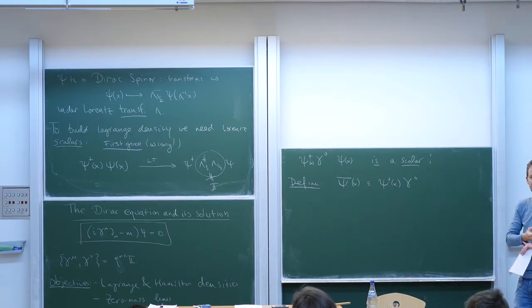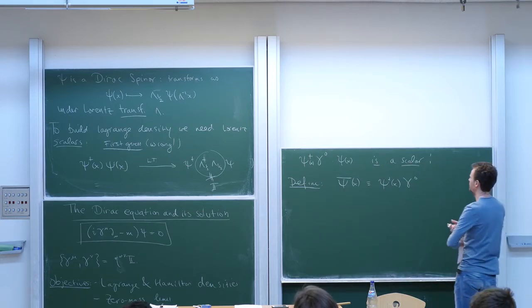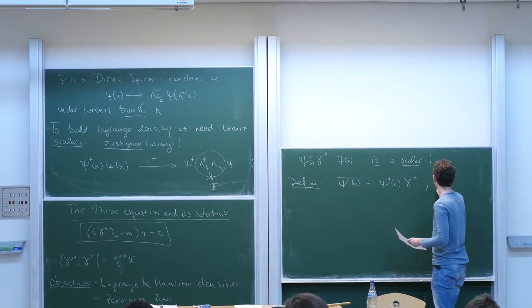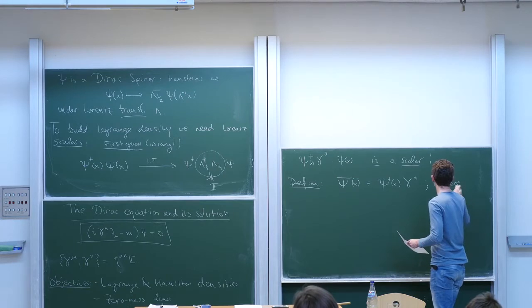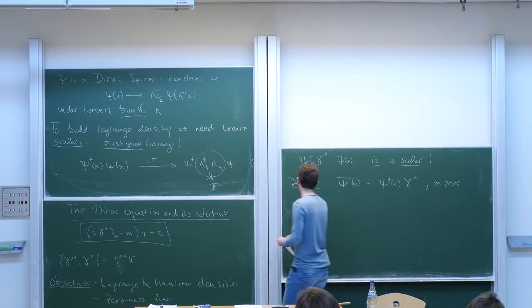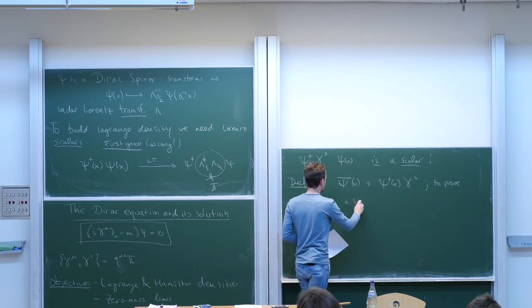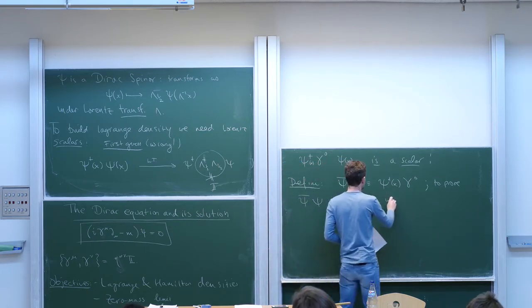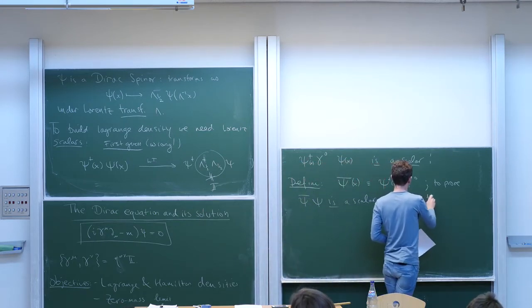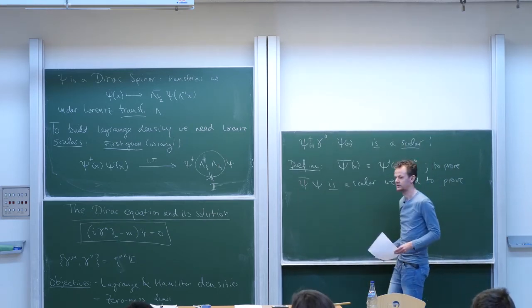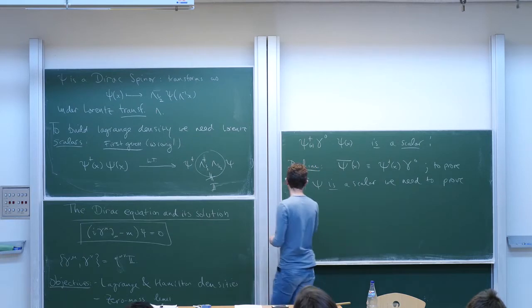So we're going to define a thing called psi bar, and to prove that this is a scalar, we're going to need a little lemma, a nice little piece of matrix analysis.